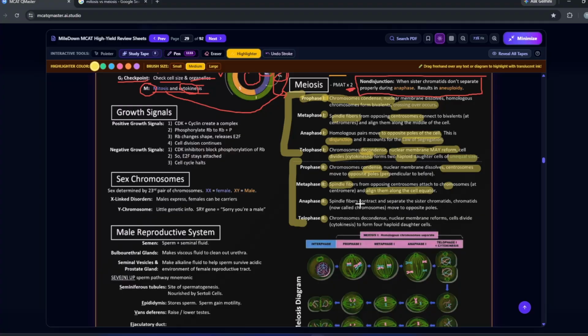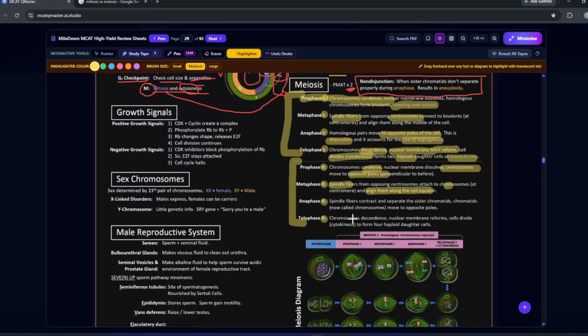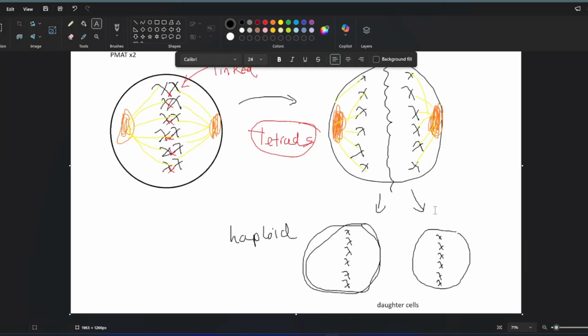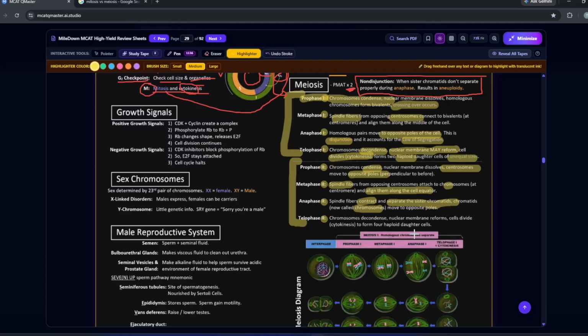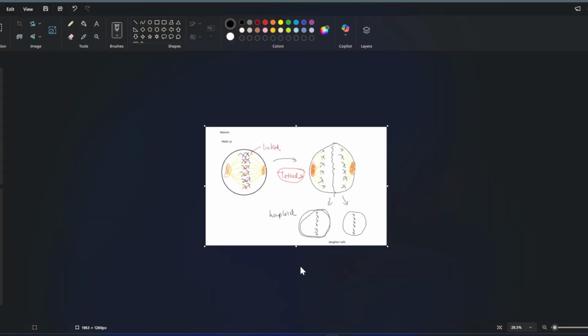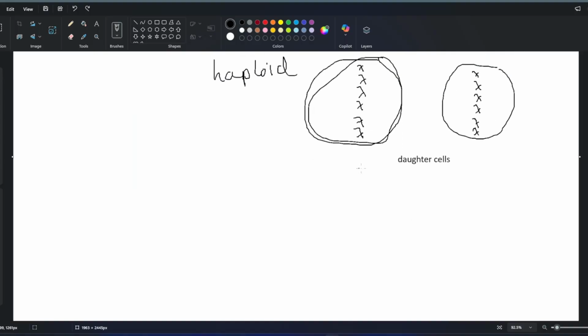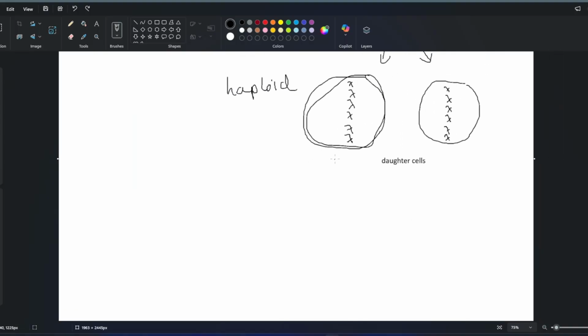Anaphase, spindle fibers contract and separate. This image is probably better. They contract and separate the sister chromatids. Chromatids are now called chromosomes and move to opposite poles. So let's just show those. If I can make this larger, it's very interesting because basically it happens again, PMAT.